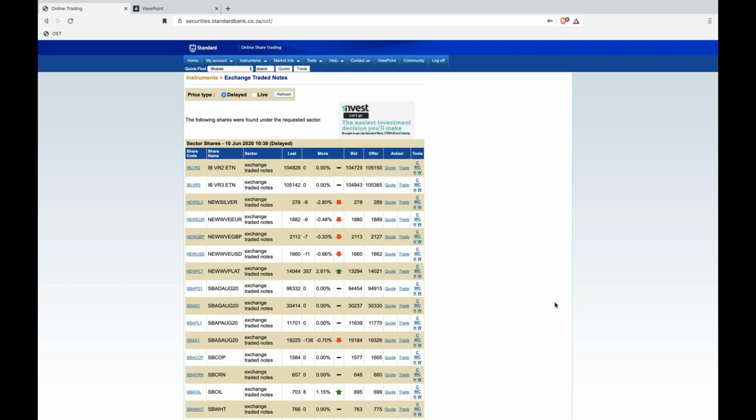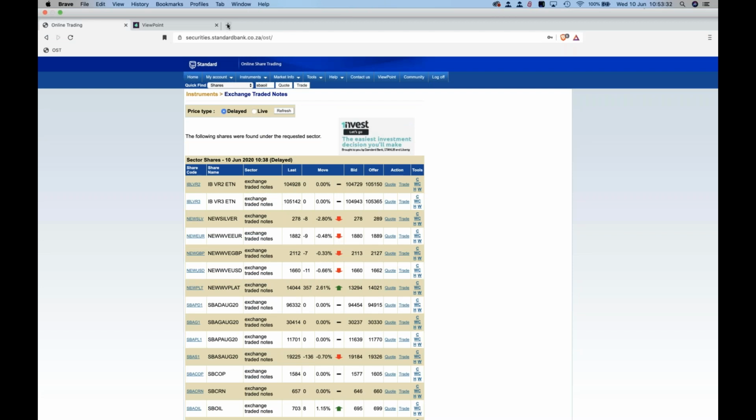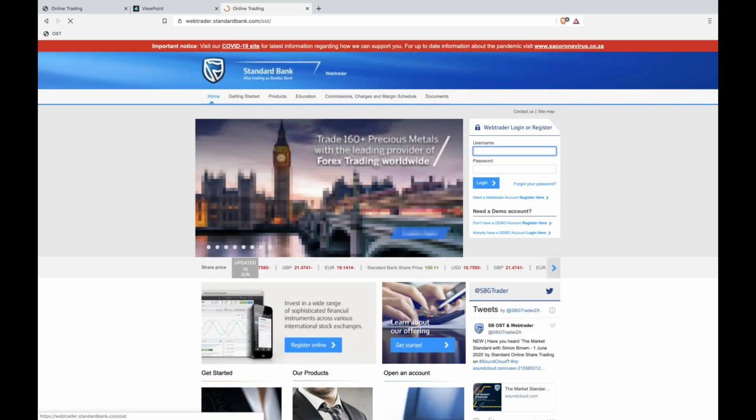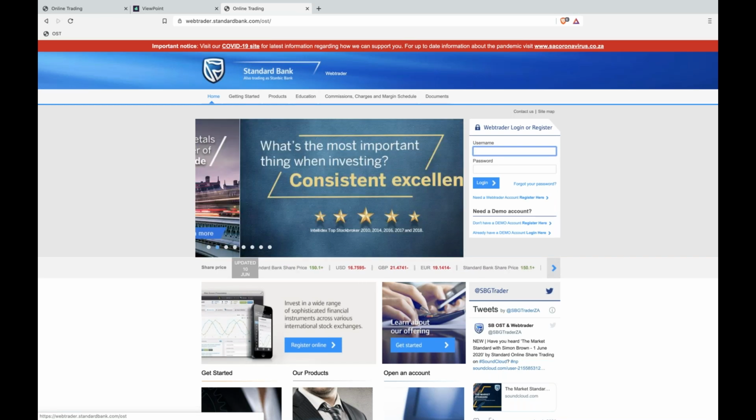Hamish, can you open a USD trading account with Standard Bank? You can, Hamish, but it is WebTrader, and let me see if I can remember, standardbank.co.za. There it is. So webtrader.standardbank.com will take you to their USD trading platform.